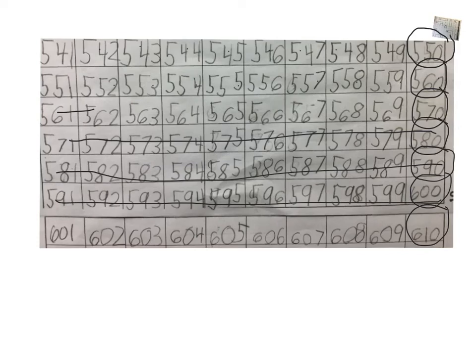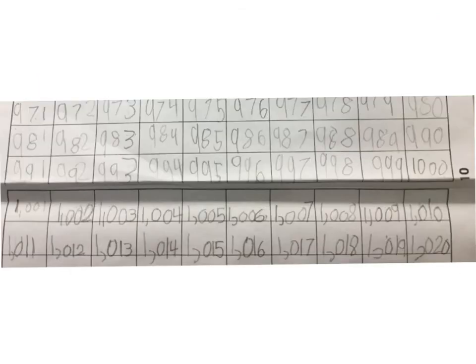When you get to 600, it's right back to the beginning. 601, 602, 603, 604, 605, 606, 607, 608, 609, 610. Boys and girls, what would be the number directly below 610? 10 more than 610 would be 620. 630. It never changes.